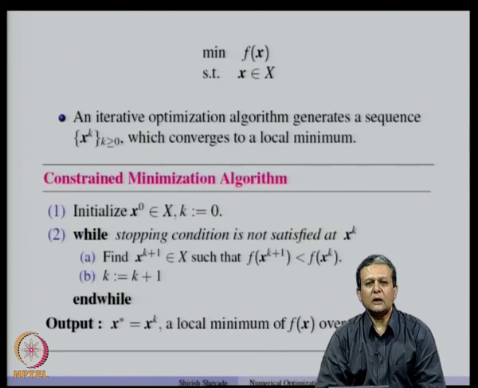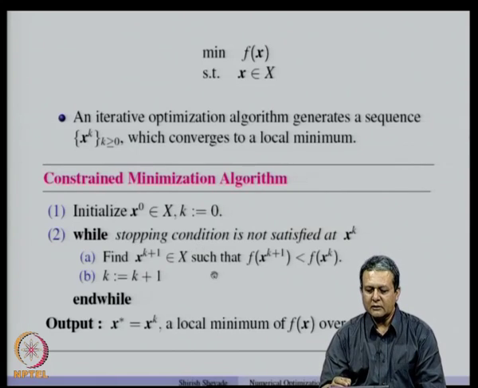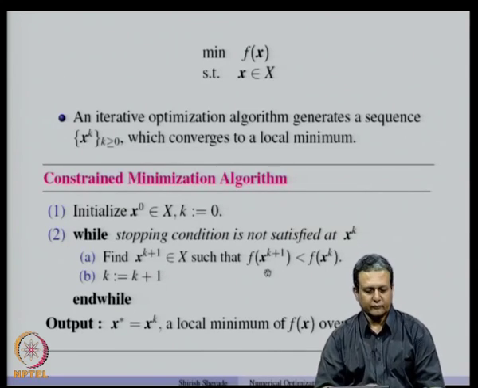So, we need to come up with a different condition which can be used as a stopping criterion for this algorithm, and later on we will see different ways of finding x k plus 1 belonging to the feasible set, such that the value of the objective function decreases.